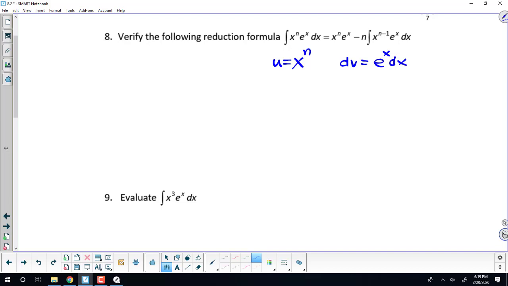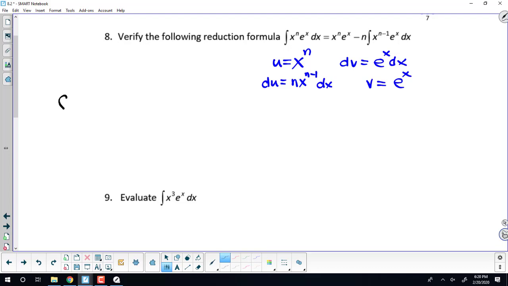So the derivative of u with respect to x is n times x to the n minus 1 dx, and v is e to the x. So, with one application of integration by parts to that, we obtain this reduction formula. That's why I think it's easier to know integration by parts: 1, because you're going to be tested over it, and 2, it immediately gives you the formula for this.